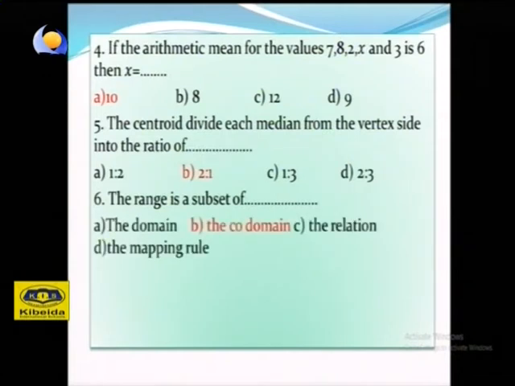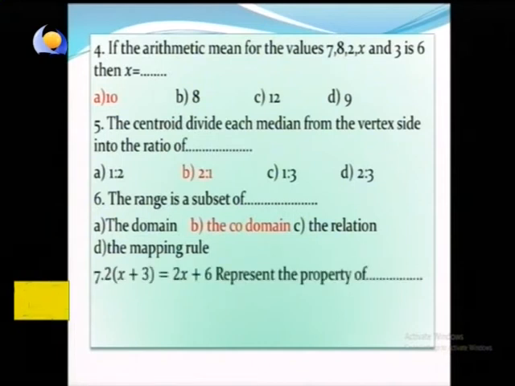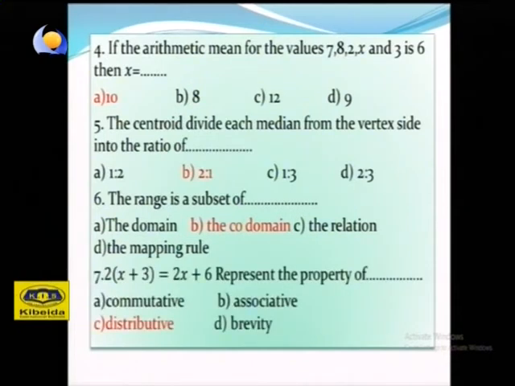Number 6, the range is a subset of dash. We all know that the range is a subset of the co-domain of the relation. Number 7, 2 times x plus 3. We all know that if there is no sign and there is a bracket, it's a multiplication operation.